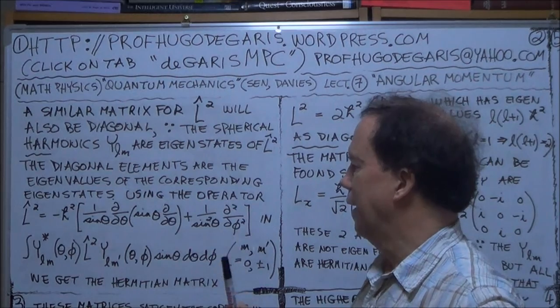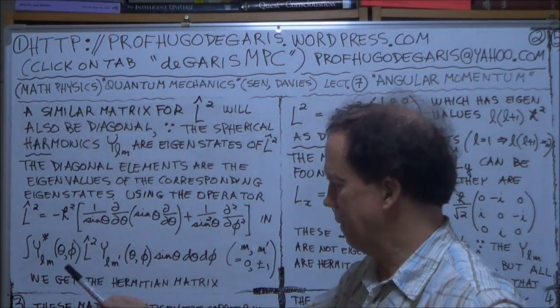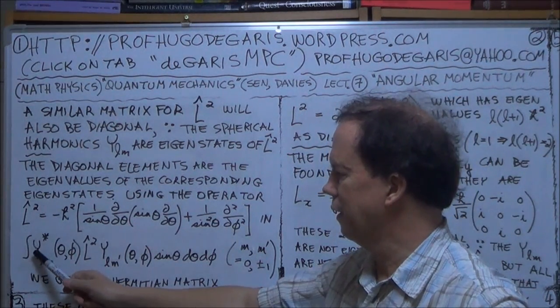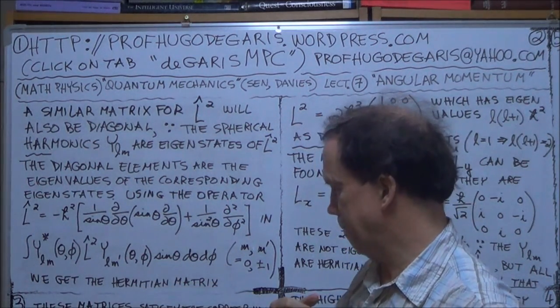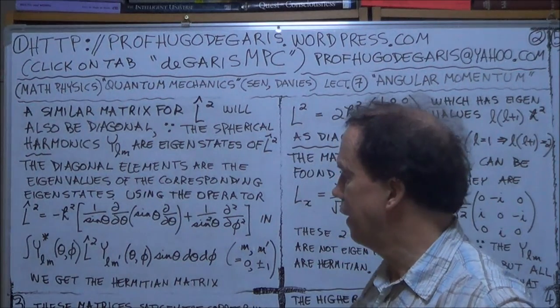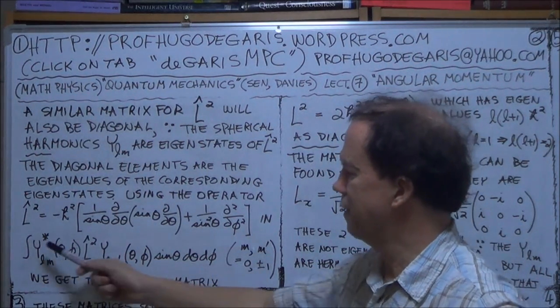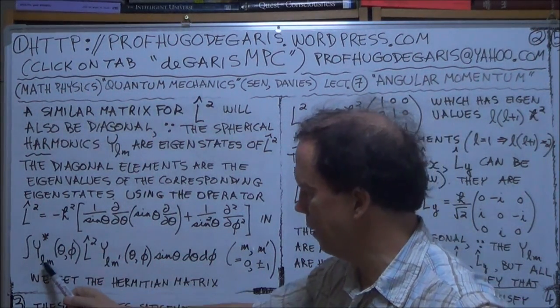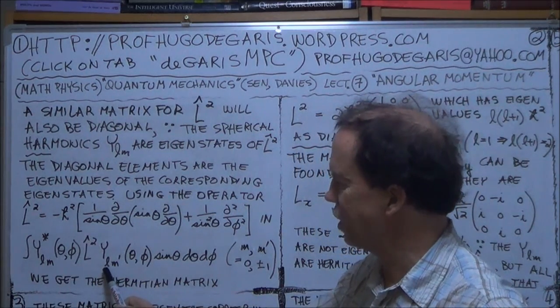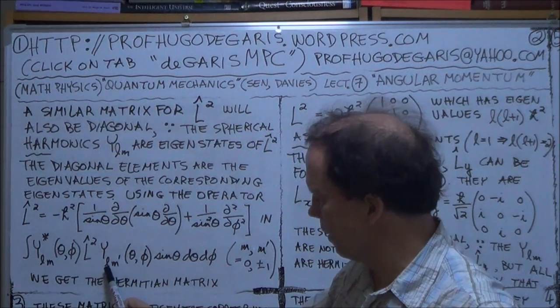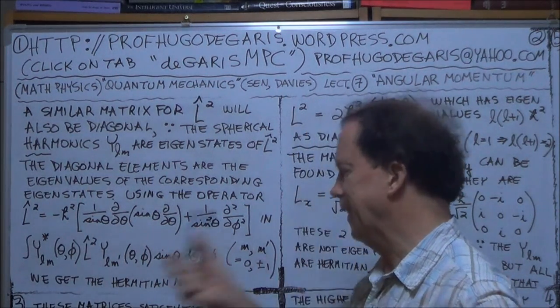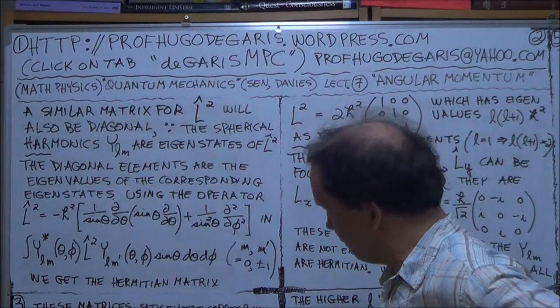Okay? And in the case when we were using the spherical harmonics for the eigenfunctions, this expression is 0 if the L and L dashed here are different. So I've put this as L here. They're both L. In that case, it's non-zero.